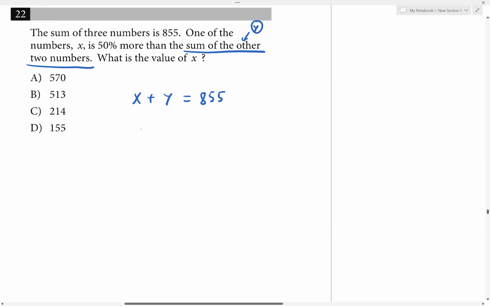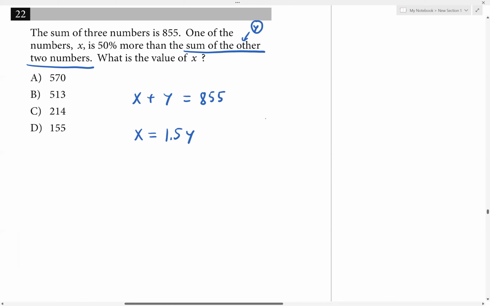What's 50% more than y? That's 1.5 times y. 50% more is 1 plus 0.5. So 1.5 times y should equal x. That will be our two equations.